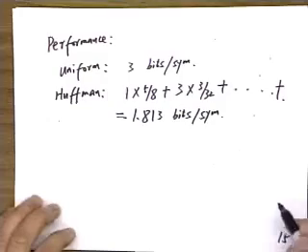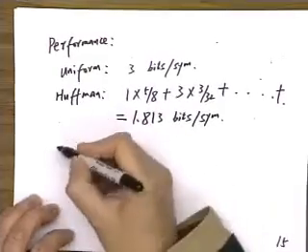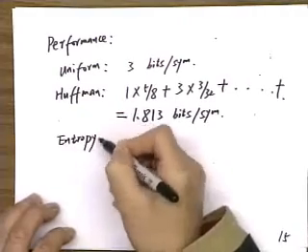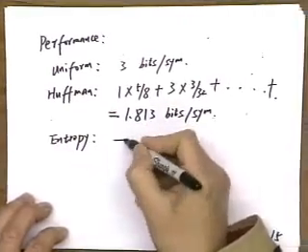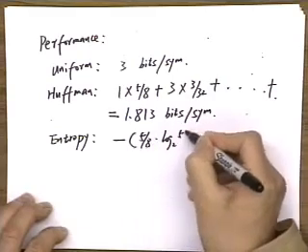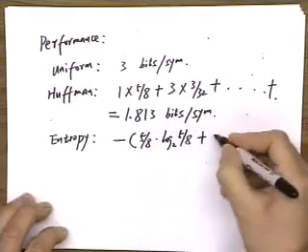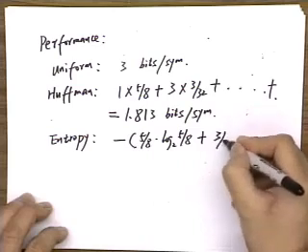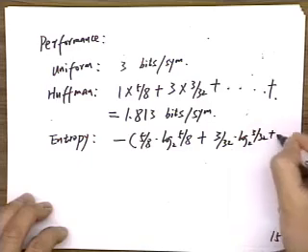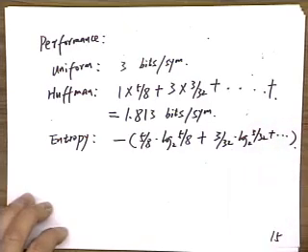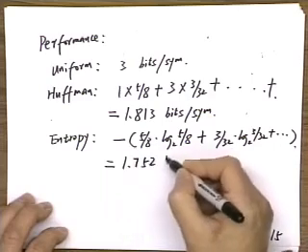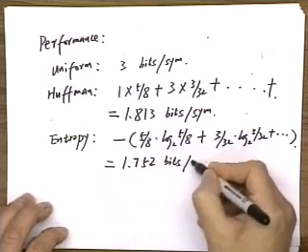And also, we can compute the entropy, which is minus 5/8 times log 2 of 5/8 plus 3/32 times log 2 of 3/32, and so on. And the result is 1.752 bits per symbol.